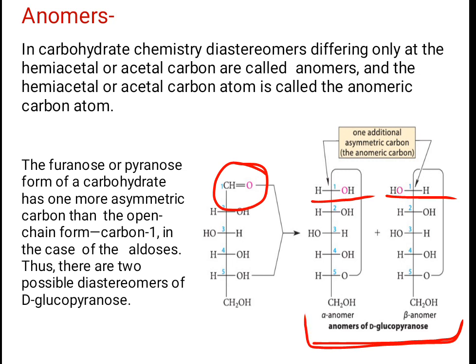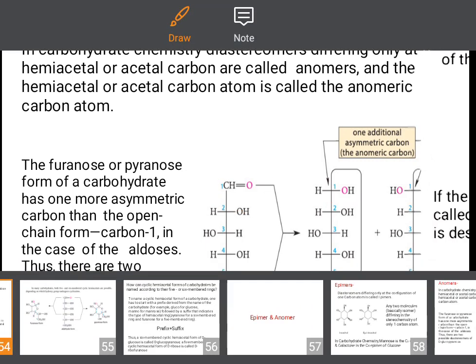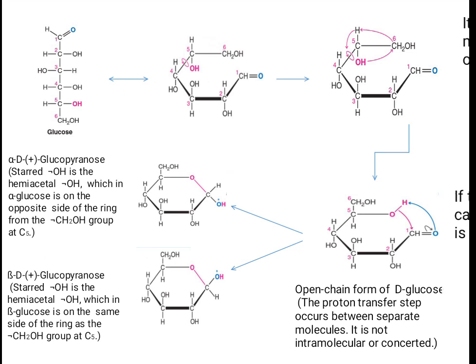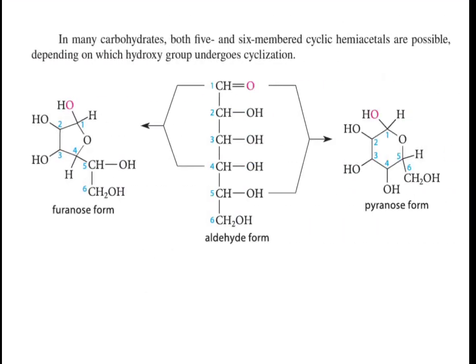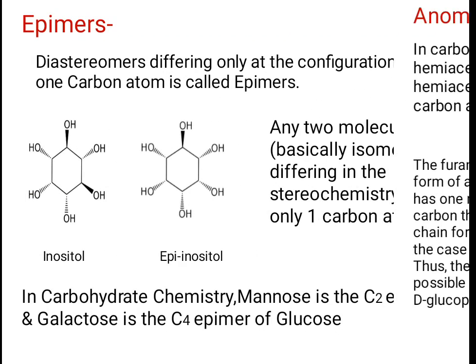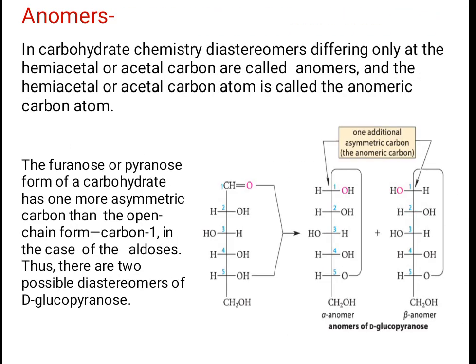The furanose or pyranose form of a carbohydrate has one more asymmetric carbon than the open chain form.